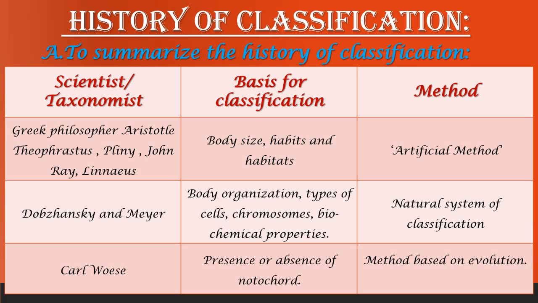It was used by Carl Woese, who proposed the animal classification based on evolution, and it is based on criteria like presence or absence of notochord.